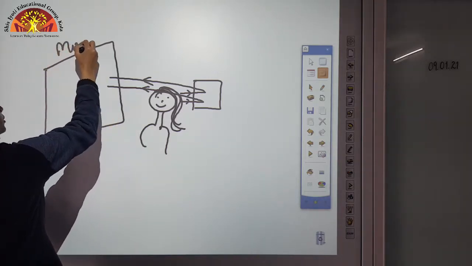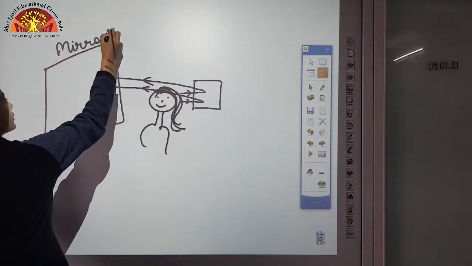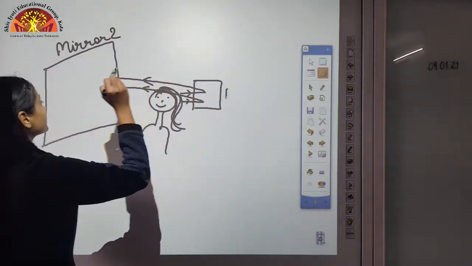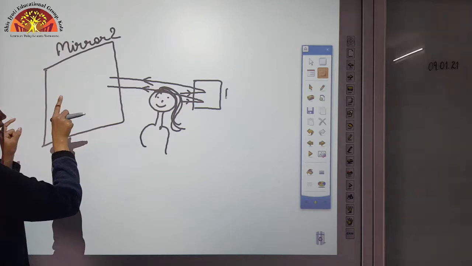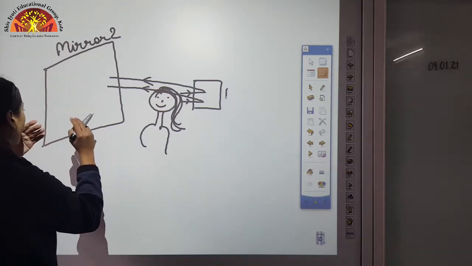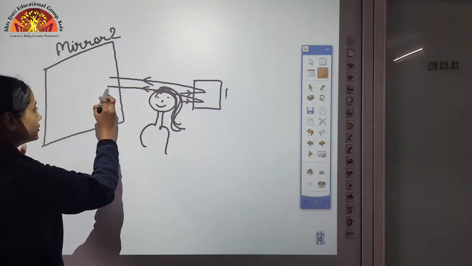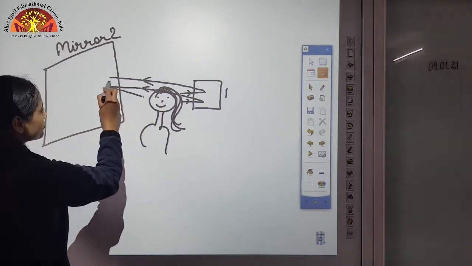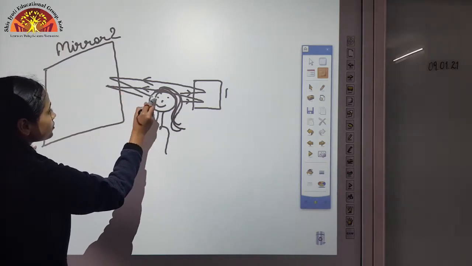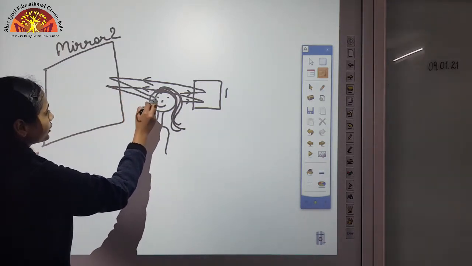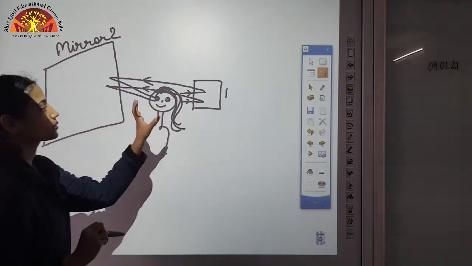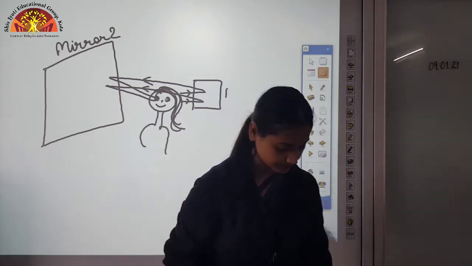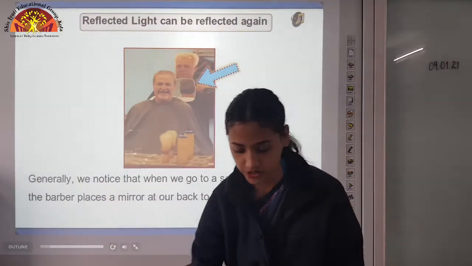Let's say this is mirror 2 and this was mirror 1. Those same rays are falling on this second mirror. Again this is a reflecting surface, so reflection will be performed here. Now after reflection from this mirror, those light rays are falling in your eyes. And that's how you are able to see the back side of your head. So here double reflection is there.